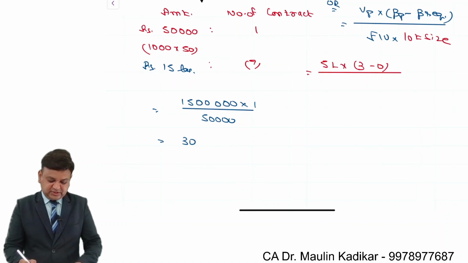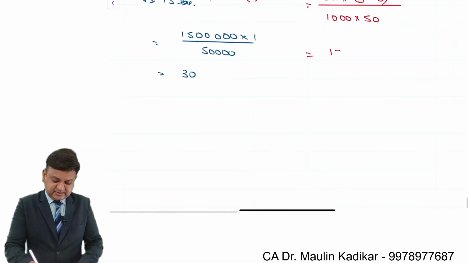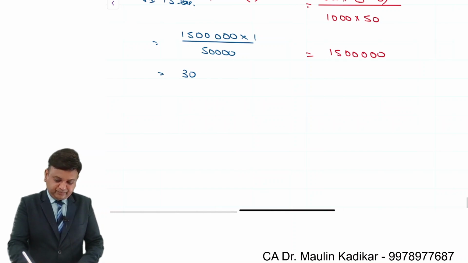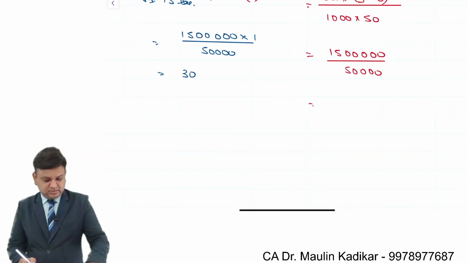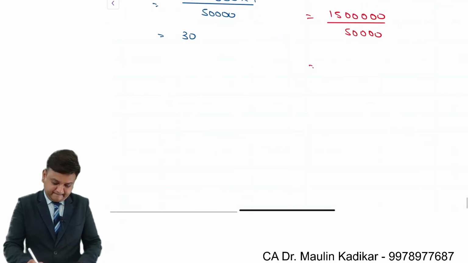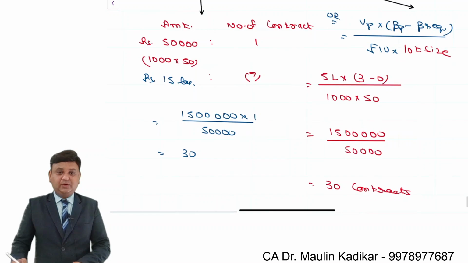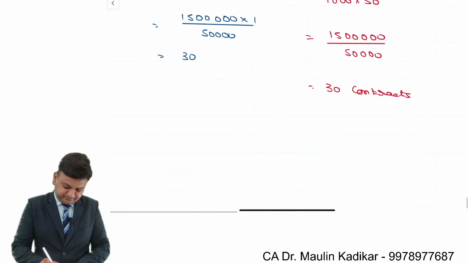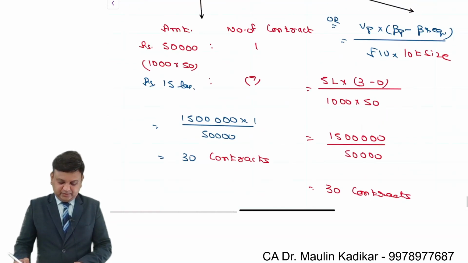Whole divided by futures index value 1000 and lot size 50. That comes to 15 lakhs divided by 50,000. So the answer is 30 contracts. This is the way the number of contracts to be entered upon can be calculated.